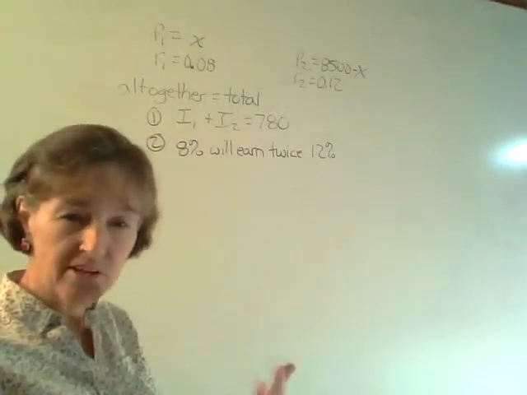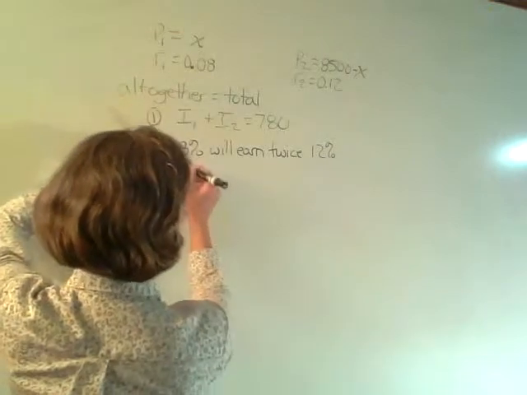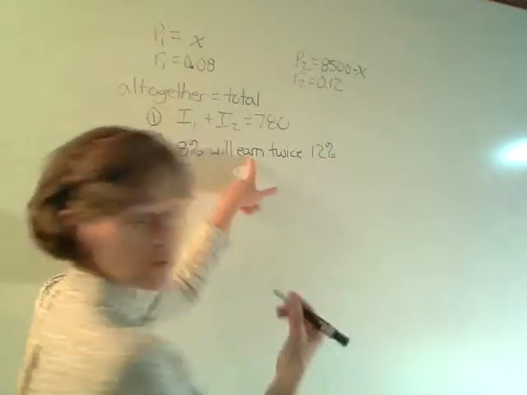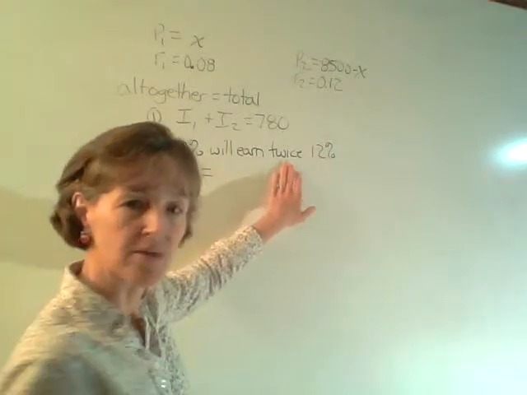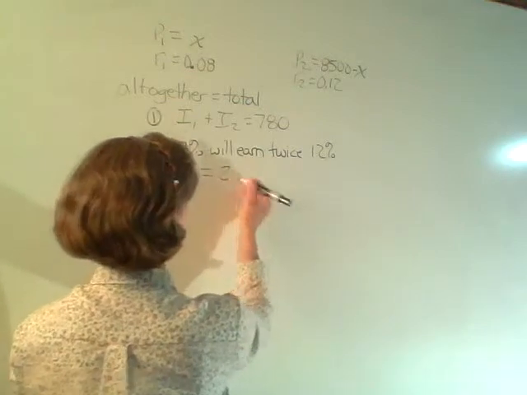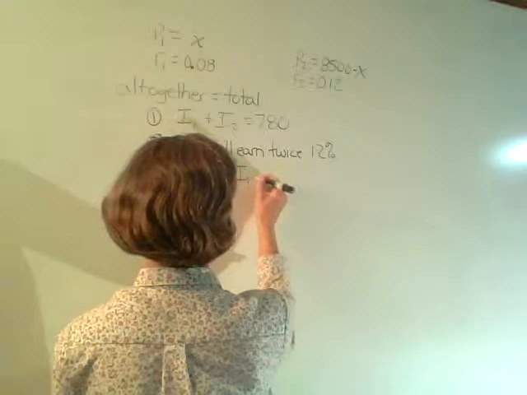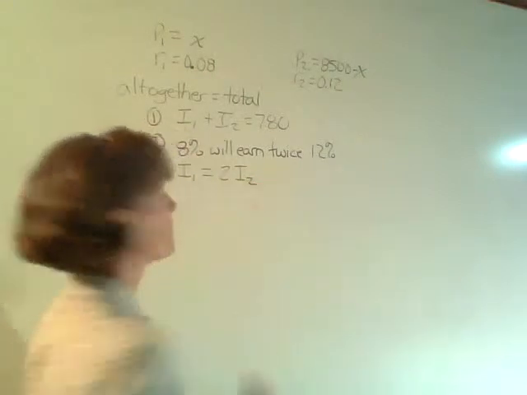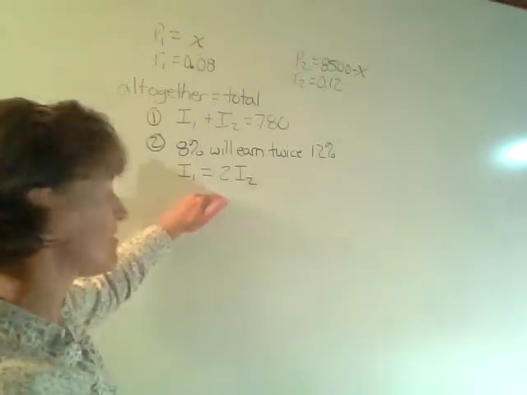How do I translate that into an equation? The interest earned from the 8% account, I1, equals, now twice means we're multiplying by 2, so 2 times the interest earned at the 12% account, I2. Here's the general equation that represents that statement.